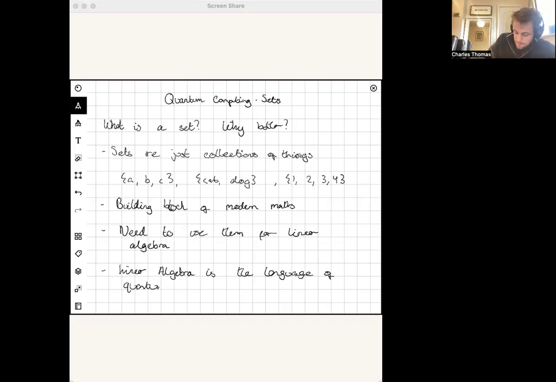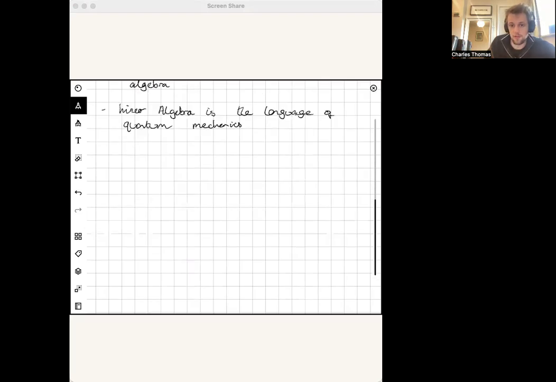So let's start by talking about some basic properties of sets. The first question we can ask is, when are two sets the same? Well, it's when they contain exactly the same objects, regardless of the order we write them down in.